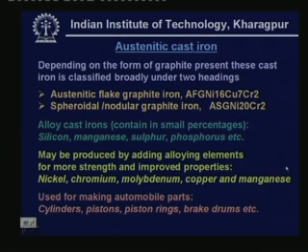So, alloy cast iron contains small percentages of silicon, manganese, sulfur, phosphorus, all of which are additive features of this austenitic cast iron. These are also, as you can see, produced by adding alloying elements for more strength and improved properties.